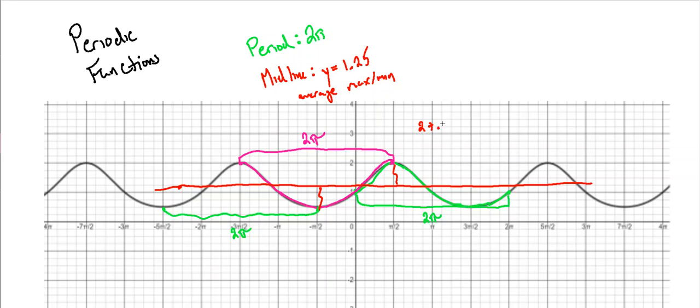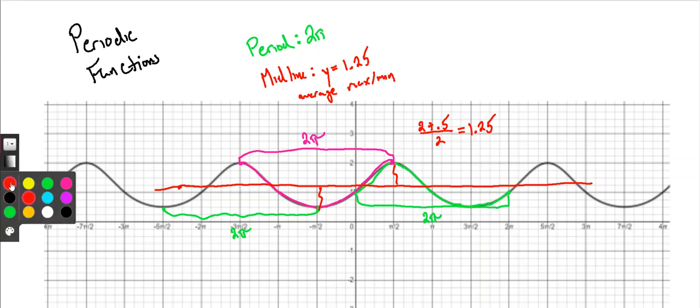If I take the average of these two, I get 1.25. So that would be the equation of the midline. That's a nice little trick you can use to determine what the midline is. Okay, so the midline is the line that splits the graph up perfectly in half.